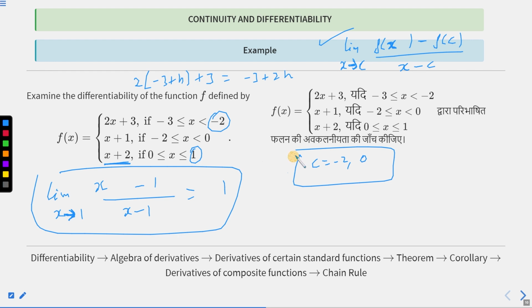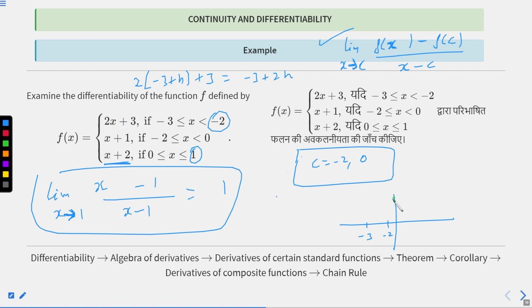Now let us move to the next. Also, if you try to graph it, let me graph it for you quickly. For minus 3 to minus 2, your graph will look like this. If x is 0, then y is 3.